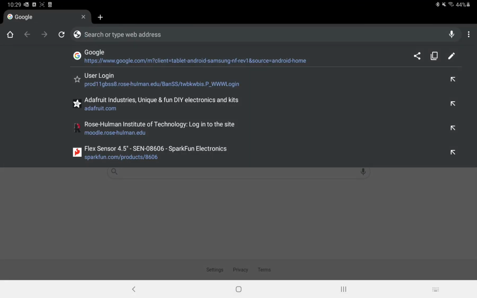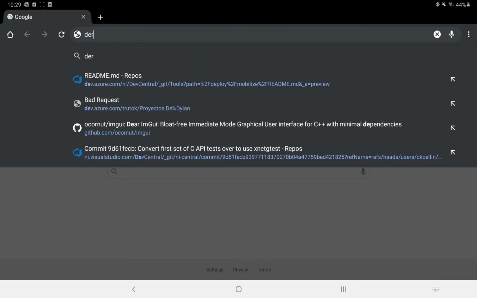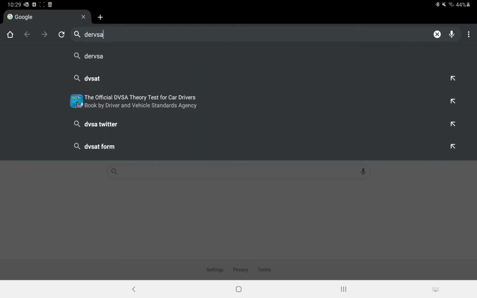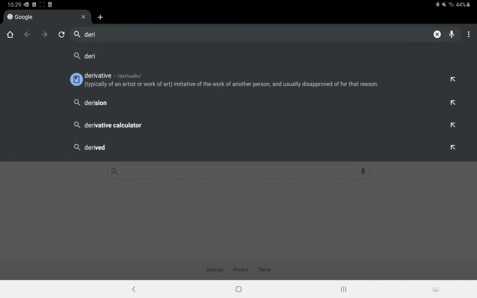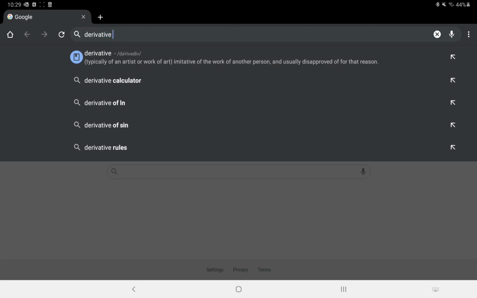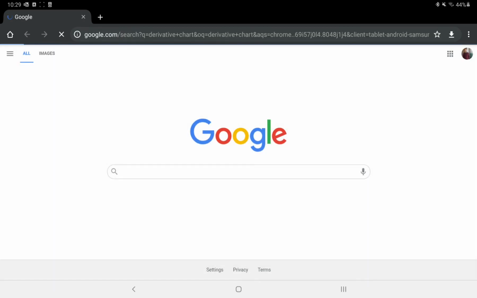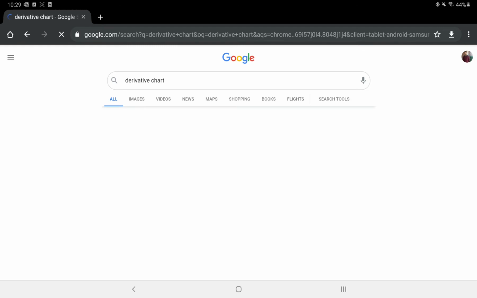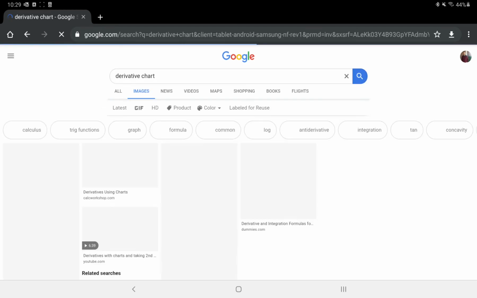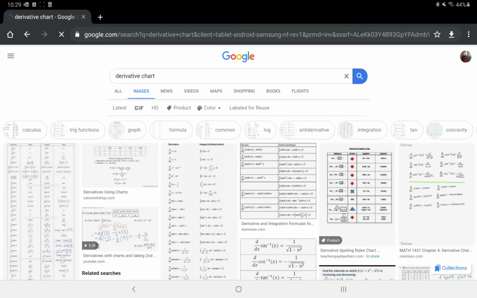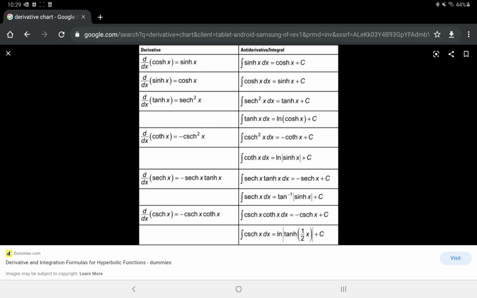We can just go to Google and type in derivative chart, click on images. No, these are sine waves, but you get the idea. Yeah, here we go.